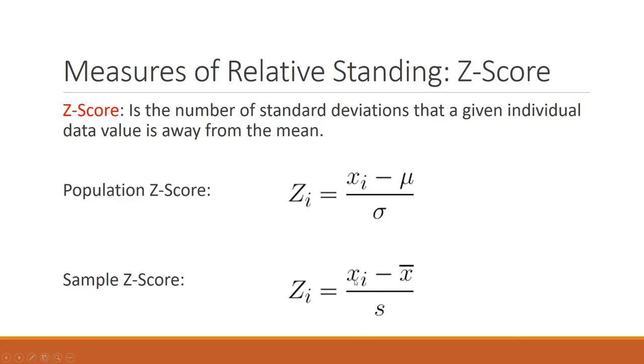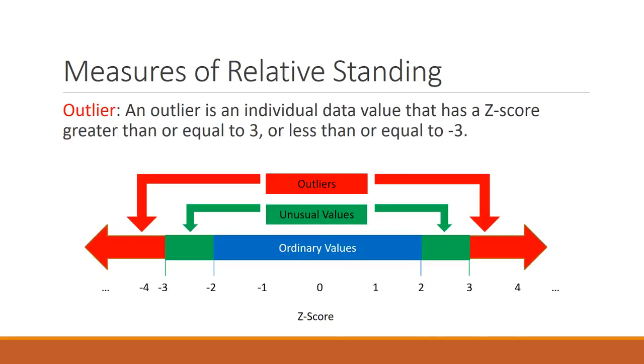So this is our particular value minus the mean, divided by the standard deviation. That gives us a standard measurement of how far away our particular value is from the mean in units of standard deviations.